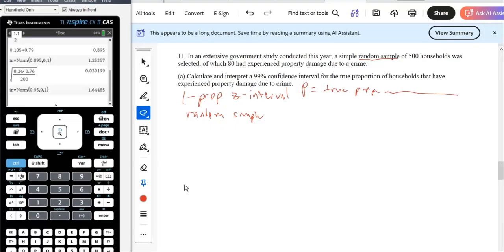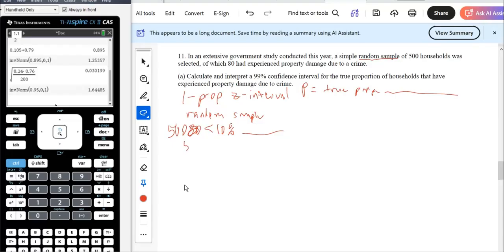Less than 10%. So 80 is less than 10%. Wait, no, sorry. 500, sorry. It's less than 10% of all households in the US, probably, something like that. It's definitely less than that.